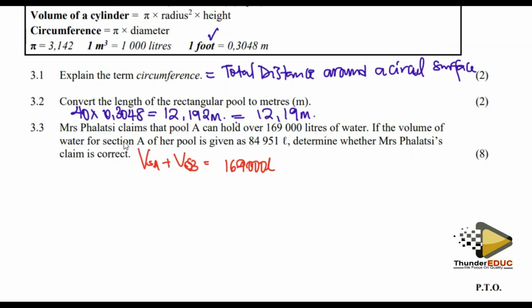But I've told you that we shall take, because we have volume A already. Volume A is this much, section A, sorry, this much.